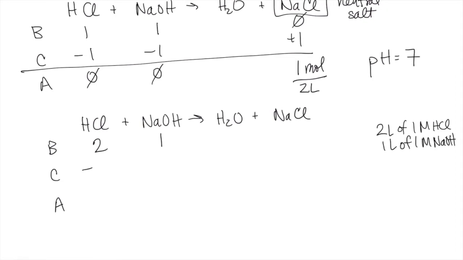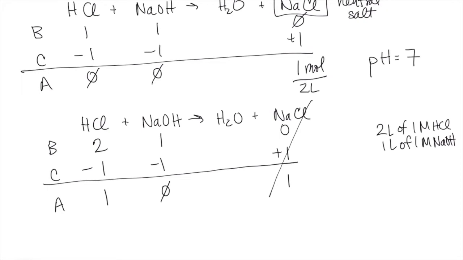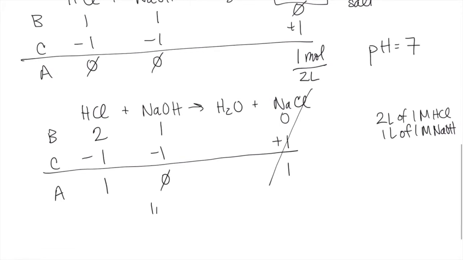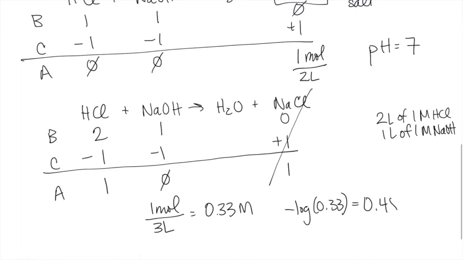So here I'm going to subtract only 1 because my NaOH is now the limiting reactant. So I get 1 mole of HCl left over, my NaOH is used up, and I get 1 mole of NaCl. My NaCl, as we've discussed, we can ignore. It's a neutral salt, so it's not going to affect anything. My HCl, however, I've now got 1 mole in 3 liters total, which is 0.33 molar. I'll take the negative log of 0.33, and that gives me 0.48 as my pH.